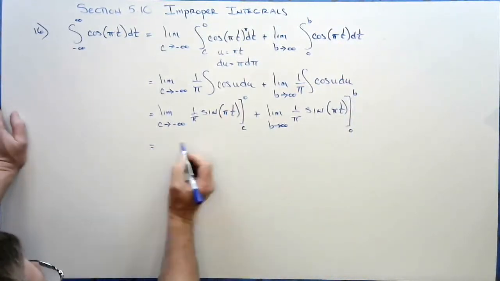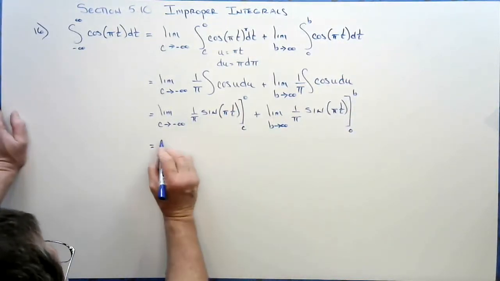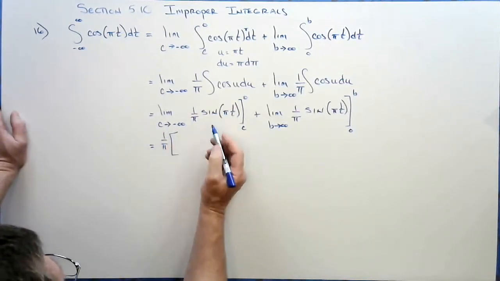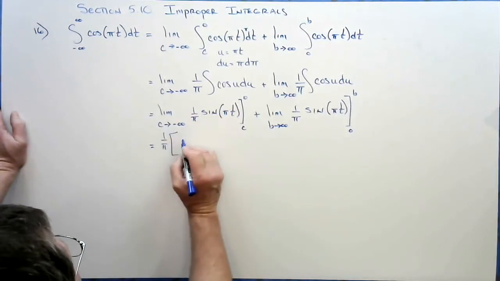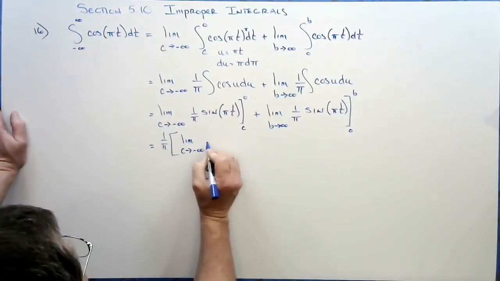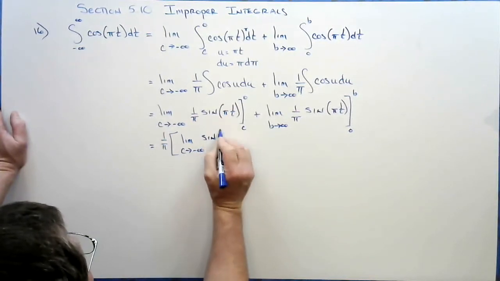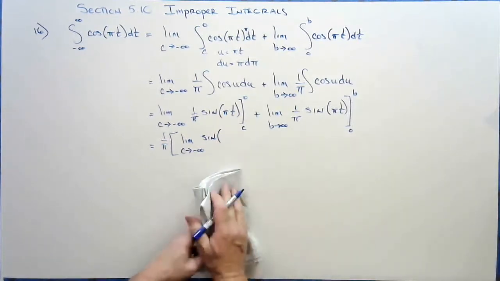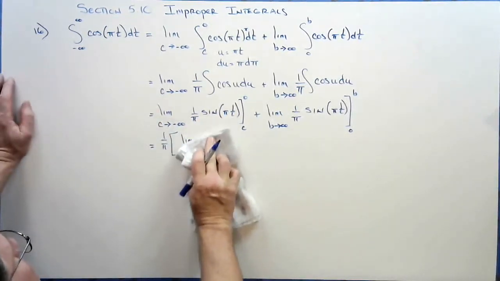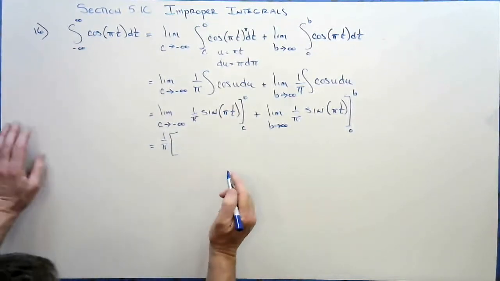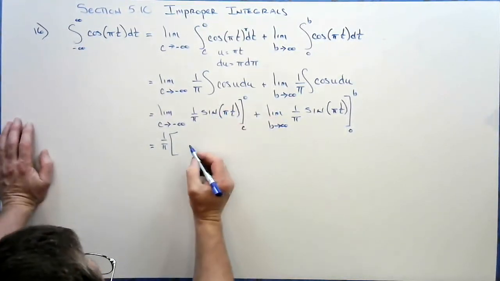Now, everybody has a 1 over pi, so we can just factor a 1 over pi out in front. Here, we're going to have the limit as c goes to negative infinity, sine, well, I'm sorry, did my fundamental theorem of calculus backwards. So we're going to plug in 0.